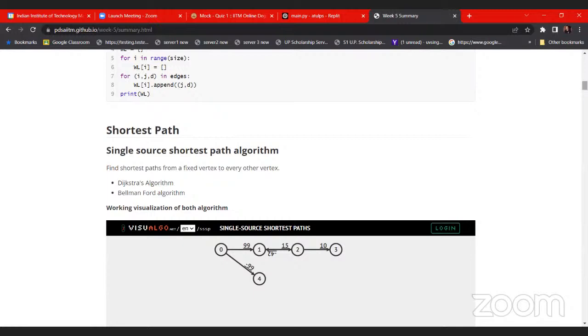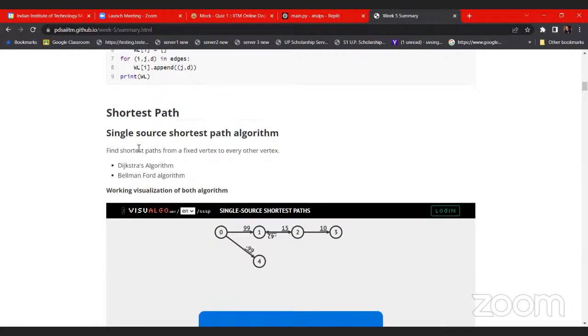And how does Google Maps provide this information to us? We can use a shortest path algorithm to solve this type of problem. If we have multiple paths from a source to a destination, how can we find the shortest path among all the paths?